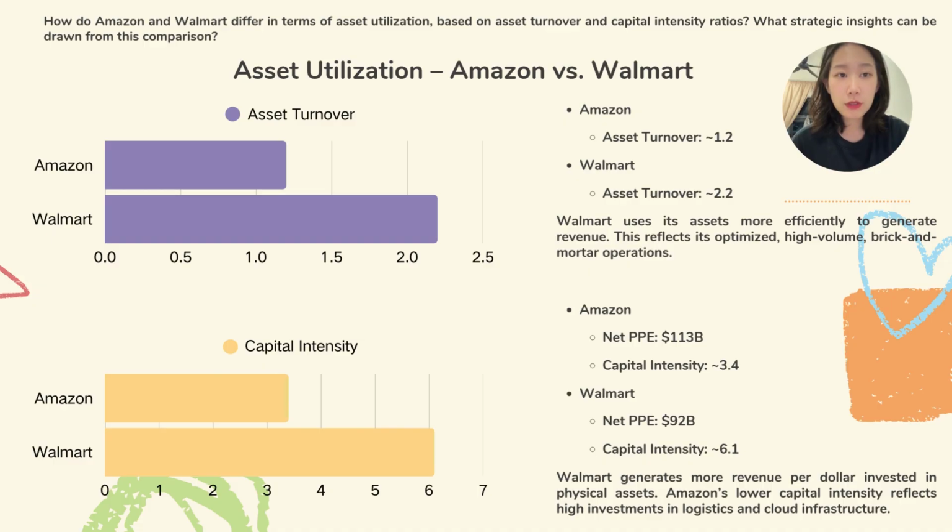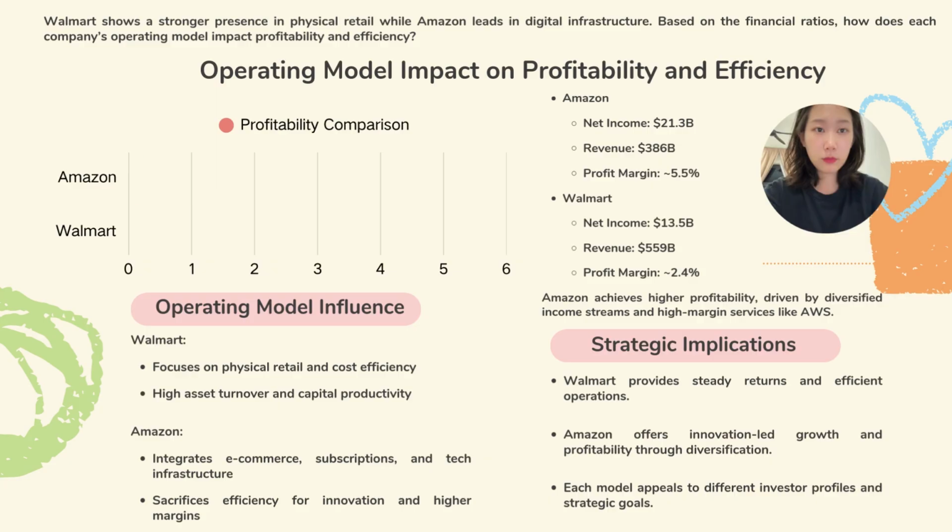However, Amazon's lower capital efficiency reflects a strategic choice. It has invested heavily in global fulfillment centers and cloud infrastructure, such as AWS. This weighs on short-term efficiency, but long-term growth drivers lie in the foundation of scalability and competitive advantage.